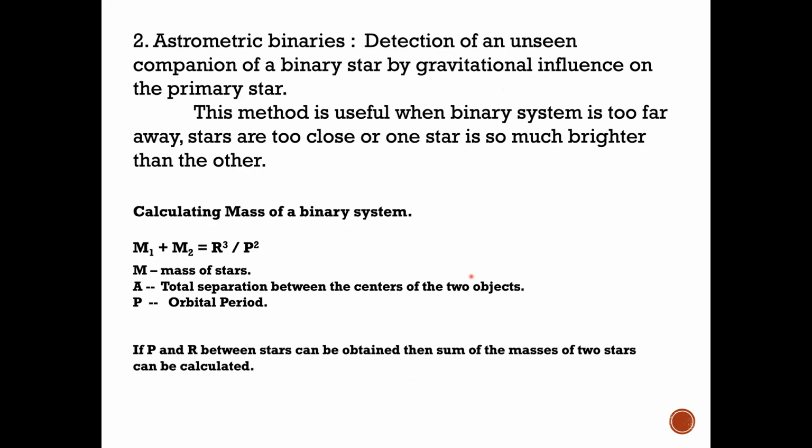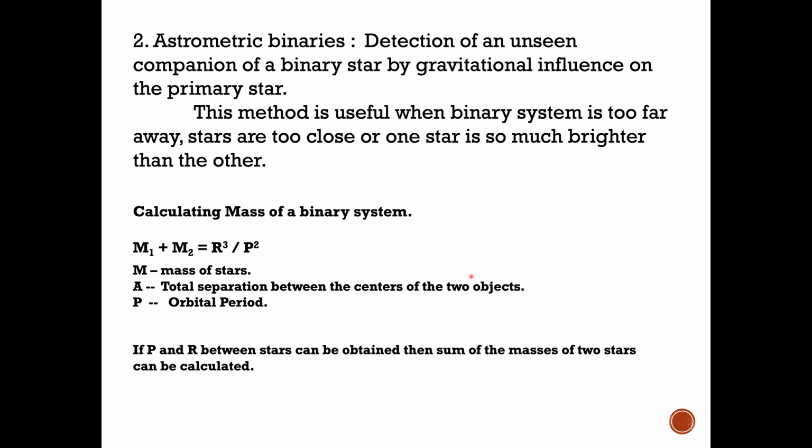The second type is called astrometric binaries. What that means is there are two stars in the system, but you cannot observe both stars separately, or you cannot resolve those two stars by using a telescope, right?